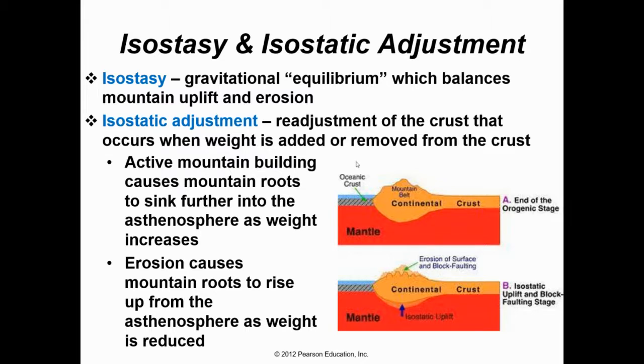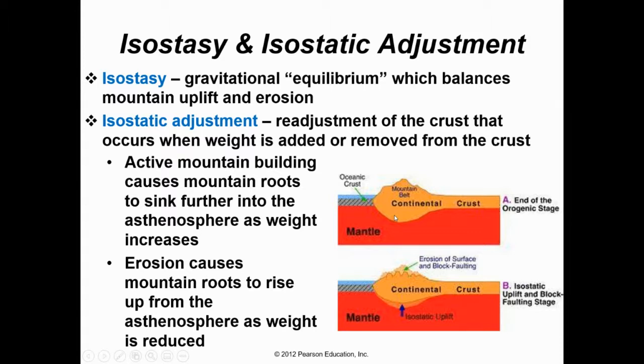Okay, and typically during a mountain building event, what you'll see is what's called a root will develop. That's this kind of U-shaped feature down here at the bottom of the continental crust, that kind of blip that sinks down into the mantle right here.